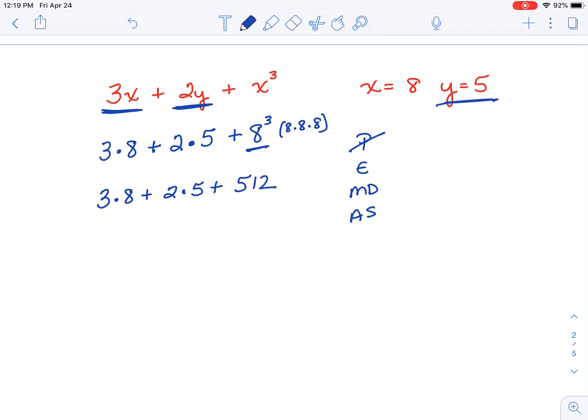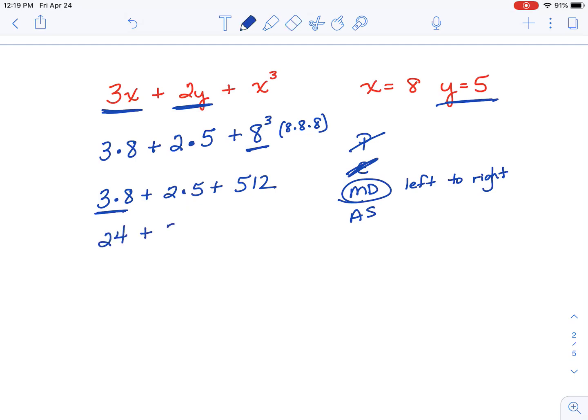Okay, do I have any more exponents in my new problem here that I'm looking at? No, we do not. Do I have any multiplication or division? Yes, I've got 2. And remember, just like the problem we did earlier, when you have more than one, you go from left to right. So we'll do this one first. 3 times 8 is 24.